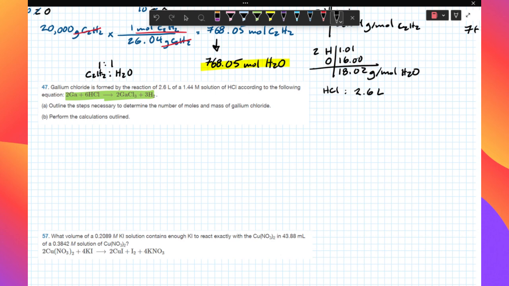And we're told that the molarity of hydrogen chloride is 1.44 molar. Remember that molar is moles per liter. So that is what's going to get us to the number of moles. To find the mass, we then just need to know the molecular mass of gallium chloride, which we can calculate looking at our periodic table.